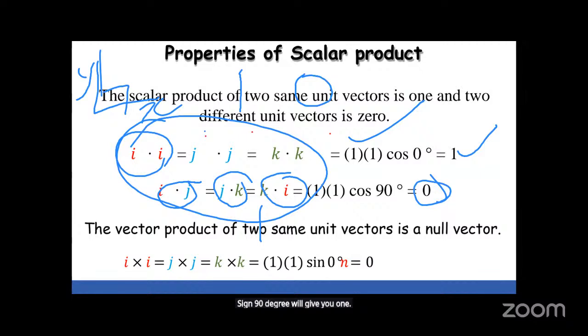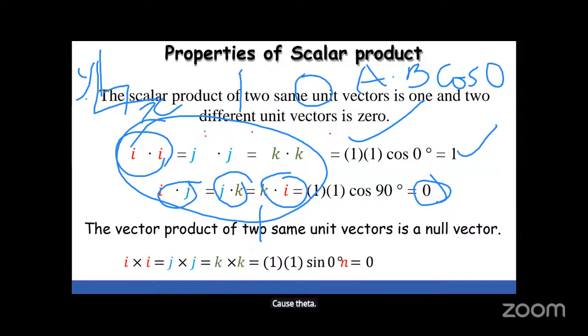Which means that if I multiply Y and X together, the angle between them is 90. In our formula, we had AB cos theta.